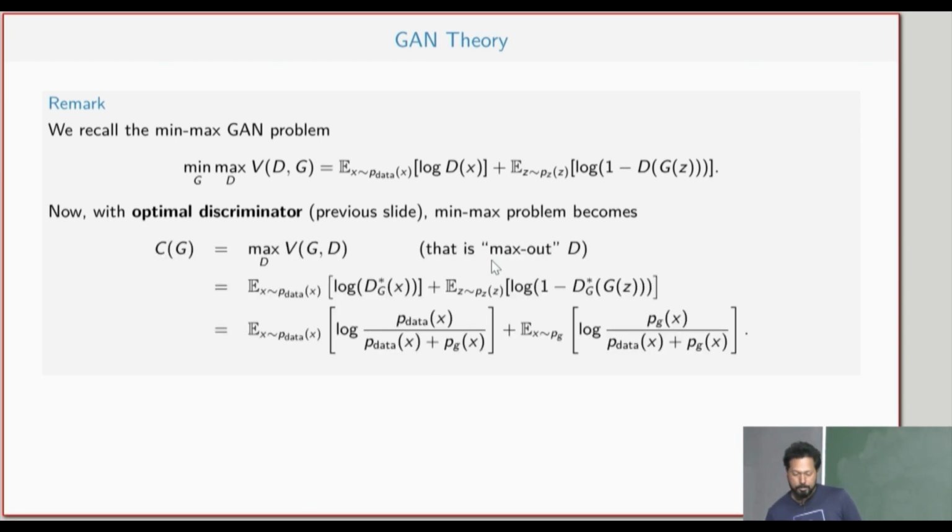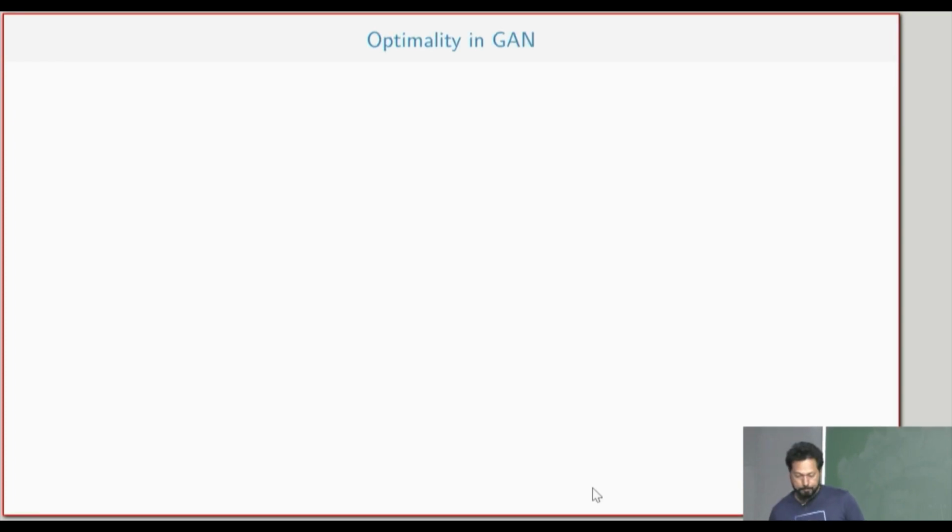Basically we are maxing out the d, meaning we put in the optimal d that maximizes V(G, D). In place of d we have d star, and d star of x is p data by p data plus pg, which we have identified. So this guy comes here and this guy comes here. G of z is given by x here. So these terms are split like this.